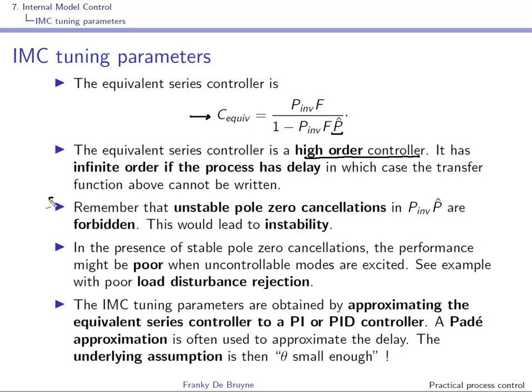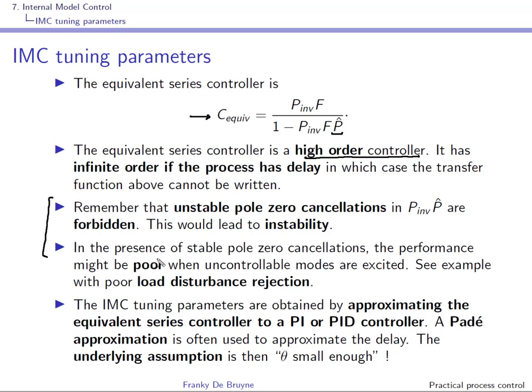Remember that this internal model controller will cancel part of the process, so you'll have to make sure that there are no unstable pole zero cancellations because they go against internal stability. Sometimes, as we have seen in this example with poor load disturbance rejection, it's not even a good idea to cancel slow poles of the process.